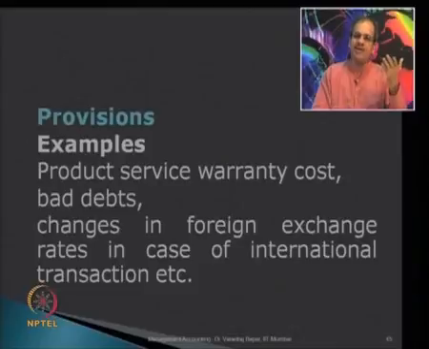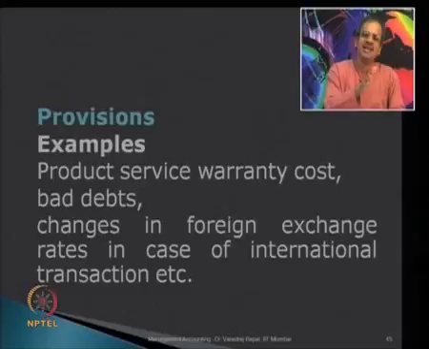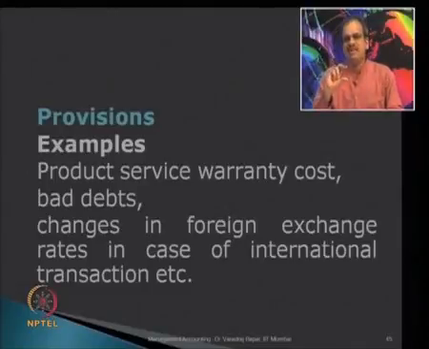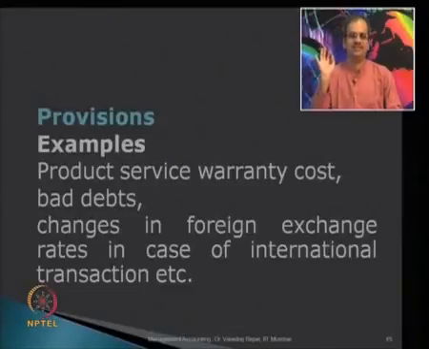Naturally, the manufacturer does not know what the likely repair cost will be in those 3 years. So, based on past data, the manufacturer makes an estimate of the likely cost of giving the warranty and makes the provision for it. That is why a provision is required for product or service warranty cost.